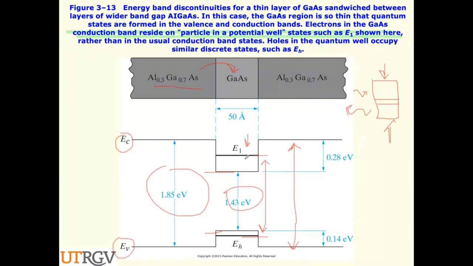So for example, if we are looking at photons coming out of just this region, then we would be using Eg for that central part, which is 1.43 plus E1 and plus EH. That's the whole energy that an electron will have to jump, and accordingly the wavelength will come out from that whole energy from that part, right?